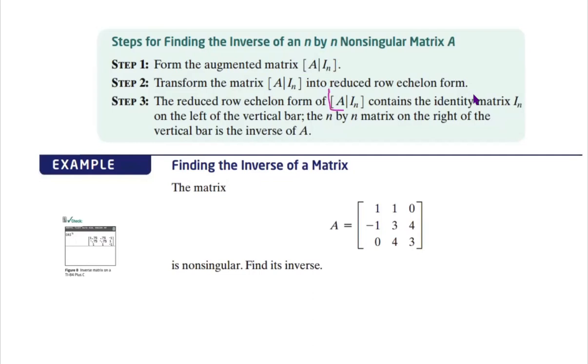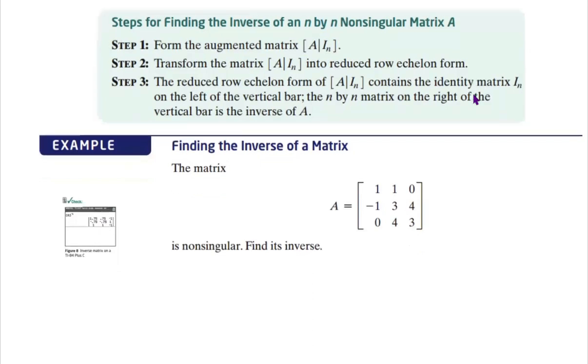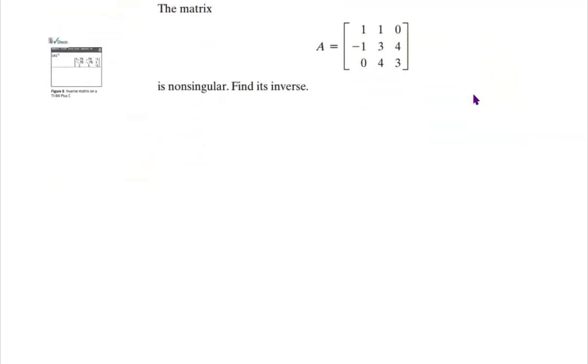Once you get the identity where you had the A, and you get another matrix on the other side of the augmented matrix, then it creates the inverse. So let's go ahead and try this example. We're going to find the inverse of A equals.